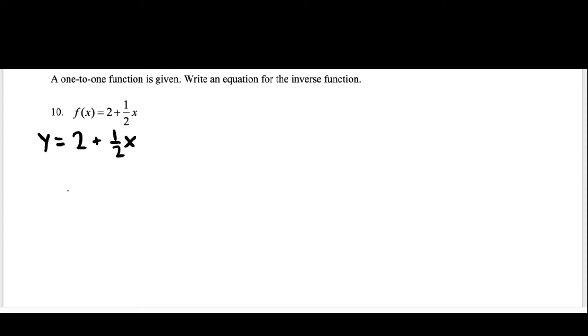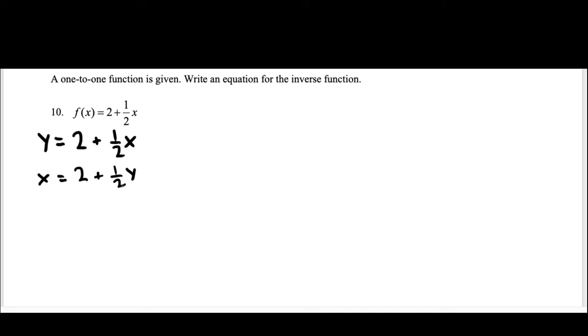And then interchange the x and the y variables. So I get x equals 2 plus 1/2 times y. And then solve this new resulting equation for y.